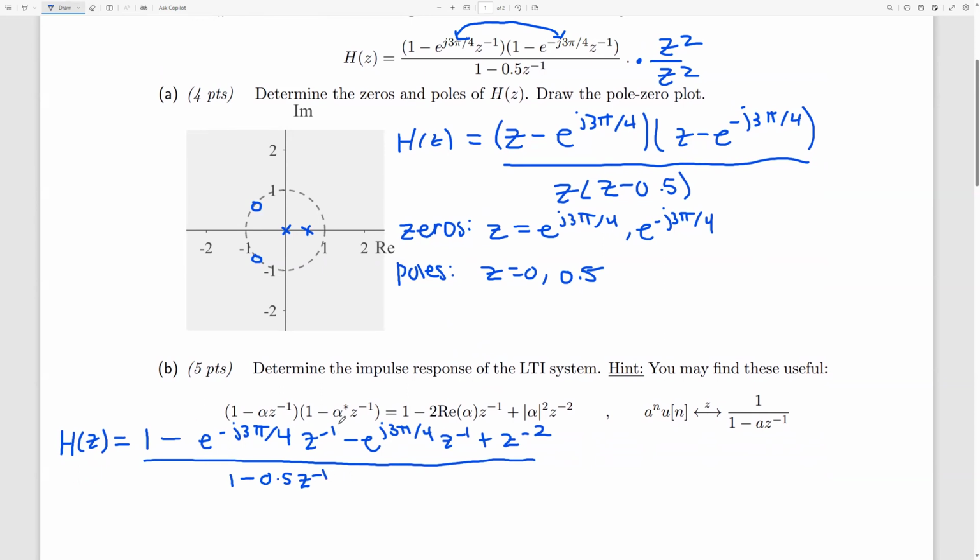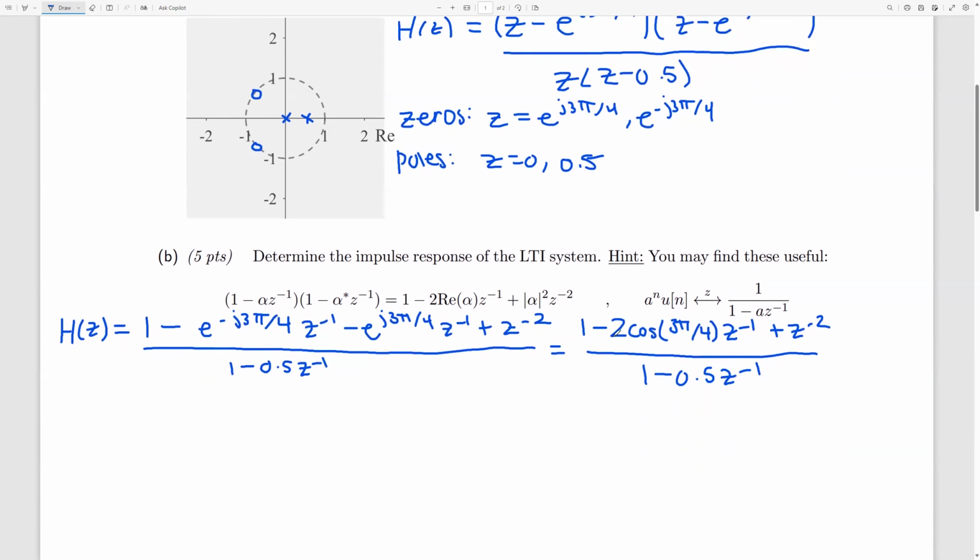And if you realize how these exponential terms appear, then you can realize that this is the same as 1 minus 2 cosine of 3 pi over 4 Z to the negative 1 plus Z to the negative 2 over 1 minus 0.5 Z to the negative 1.